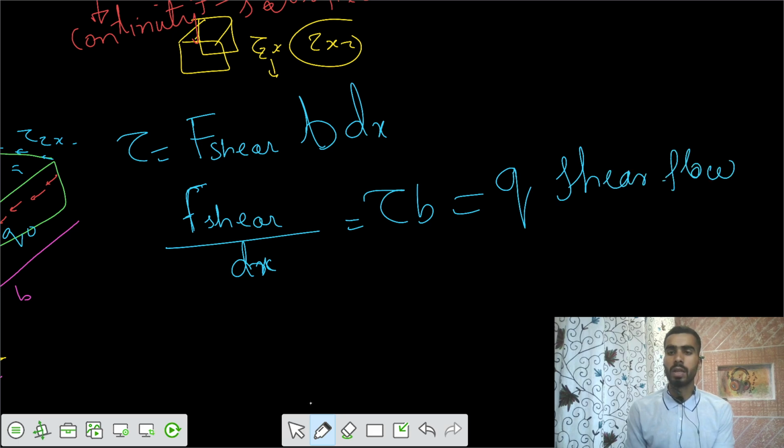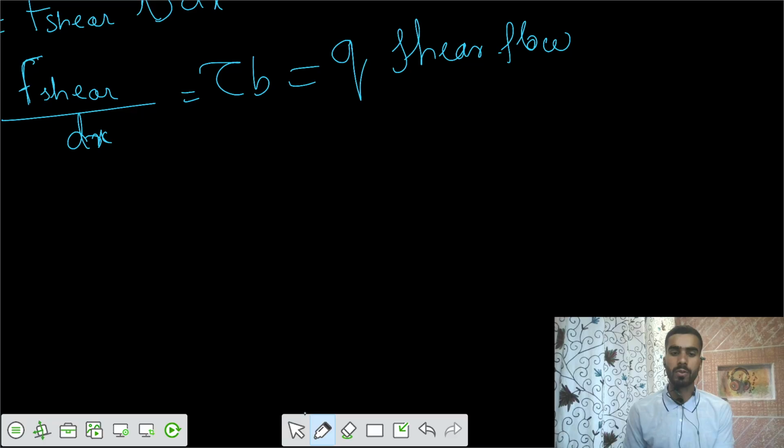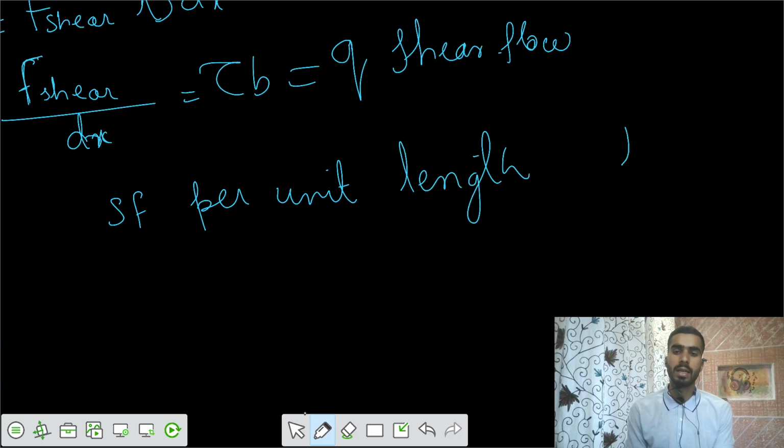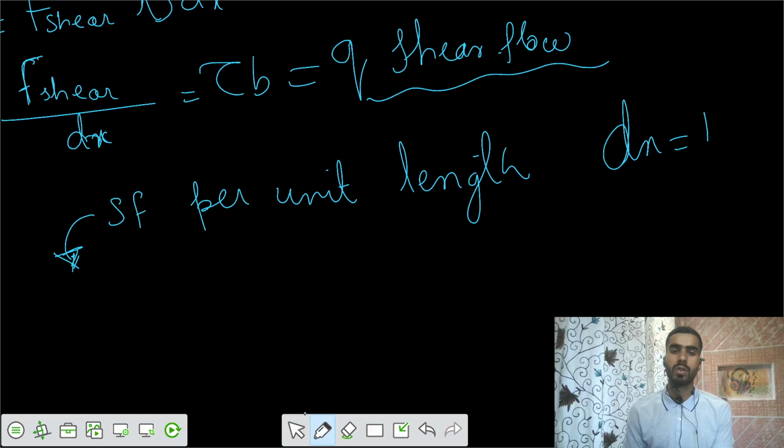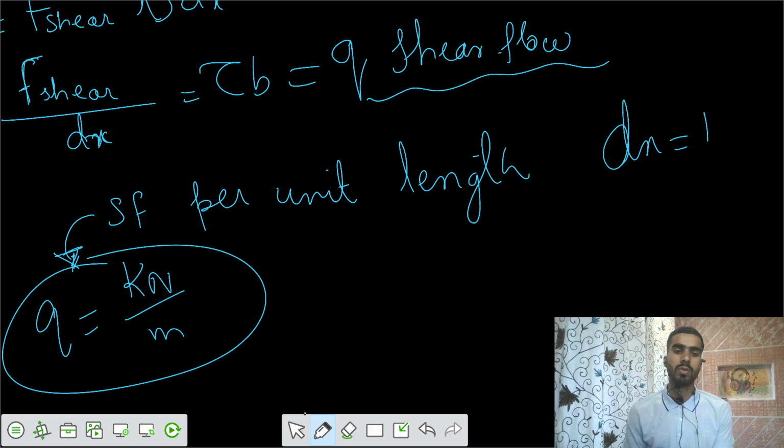So shear flow is the shear force per unit length. If you take a unit length, let's say dx equals 1, then the shear force developed per unit length is your shear flow. The unit would be kilonewton per meter. So the equation we got: tau times b equals shear flow.